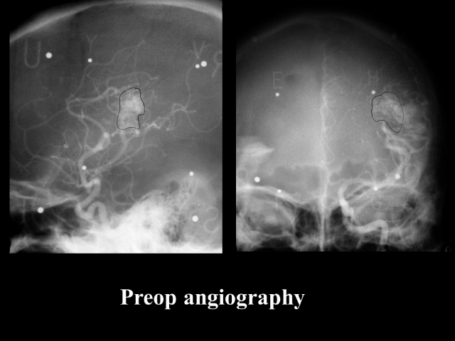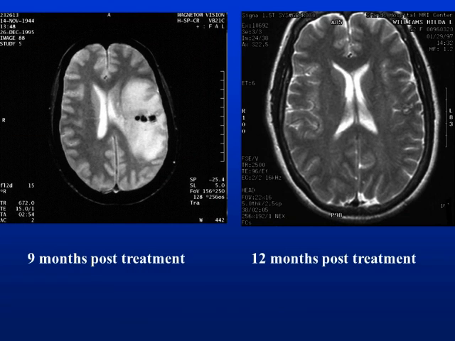All right, so here is a small AVM in the area of motor strip. This is, again, back in the days of stereotactic angiography. You can see the little fiducials with the alphabetic labeling. And 9 months after treatment, she came back, said she had a headache. She didn't have a neurodeficit. She had a lot of edema.